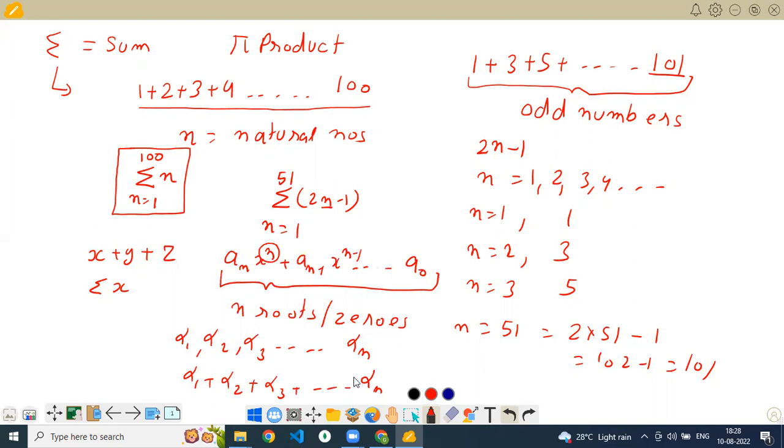Instead of writing such a big expression, we can also write it as summation of alpha i, where i will take the value from 1 to n. So wherever you can find a symmetric expression or addition, you can always use this. Okay.